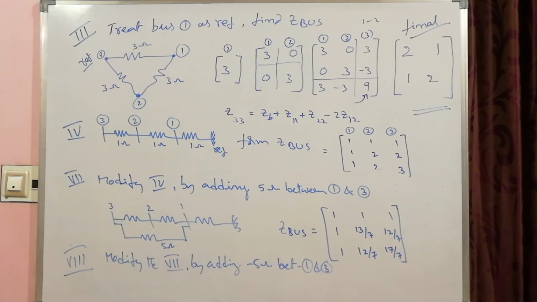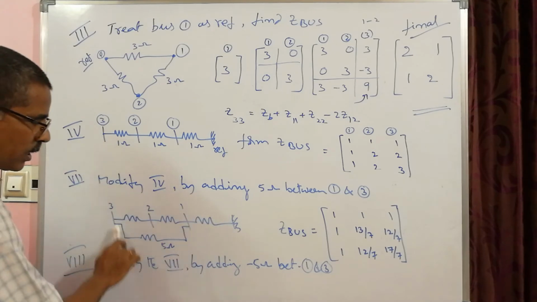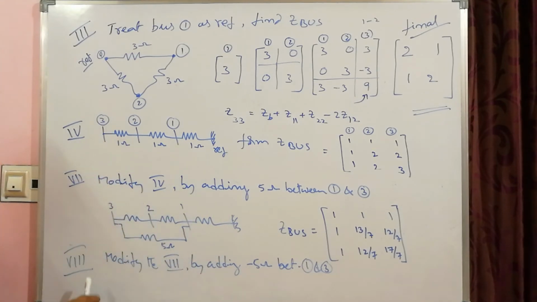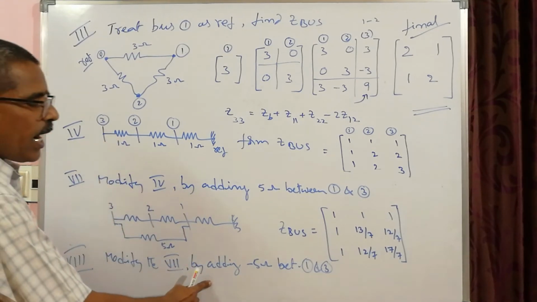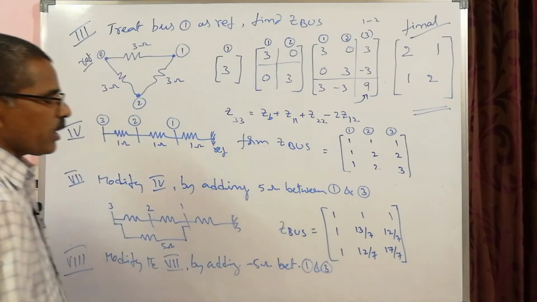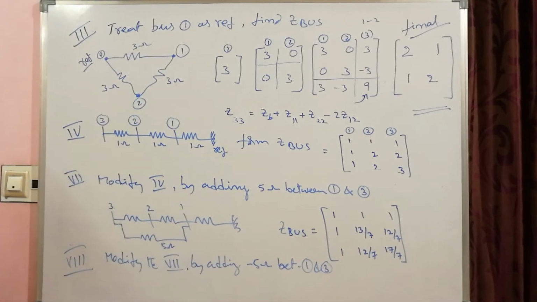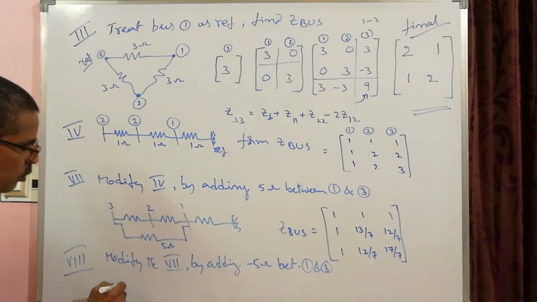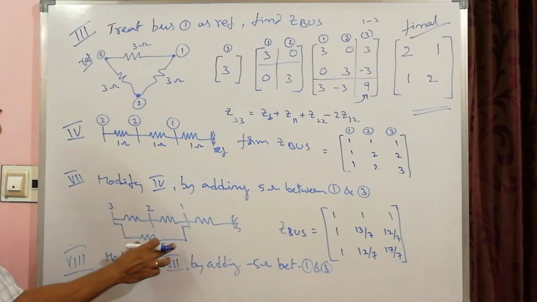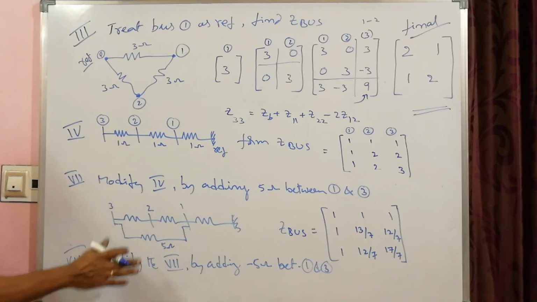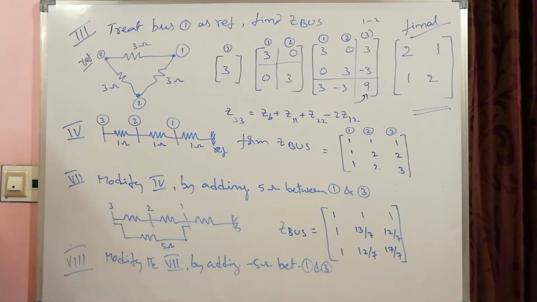So, please see this. You are asked to modify now 7th one. That means this one, you consider this system. Modify 7th by adding minus 5 ohms between 1 and 3. So, minus 5 ohms between 1 and 3 again. 5 ohms is already there. You are asked to add minus 5 ohms again to this and modify.